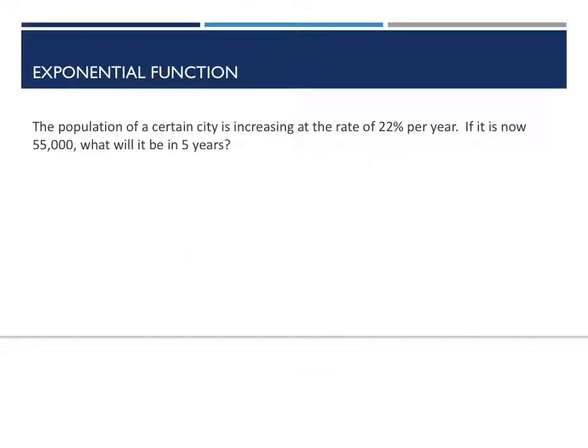This one's a good one for you to try on your own because the next exponentials we do get kind of special. My initial value is 55,000. I'm increasing at 22% a year, so 1 plus 22% is 1.22. That's my function.